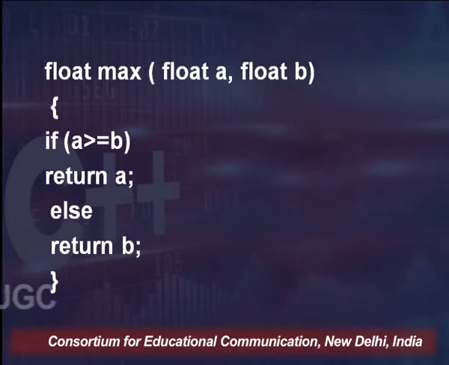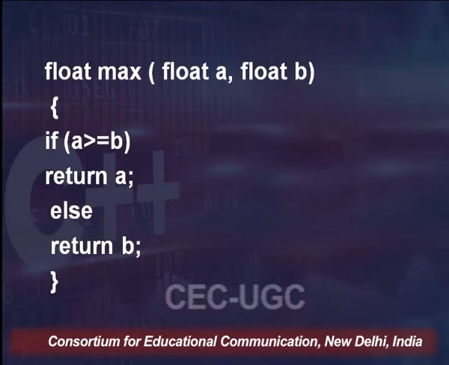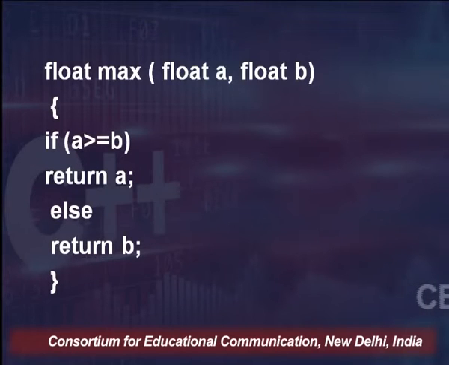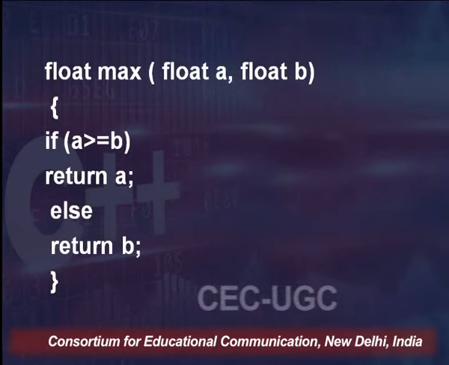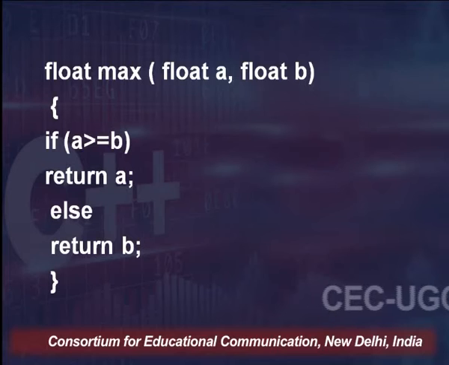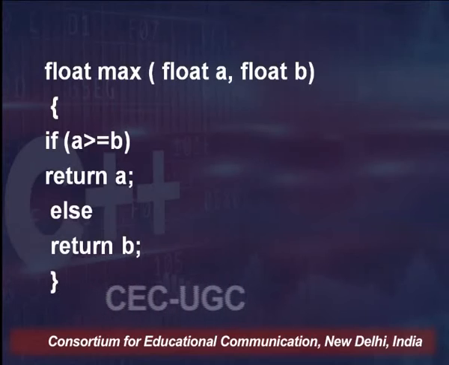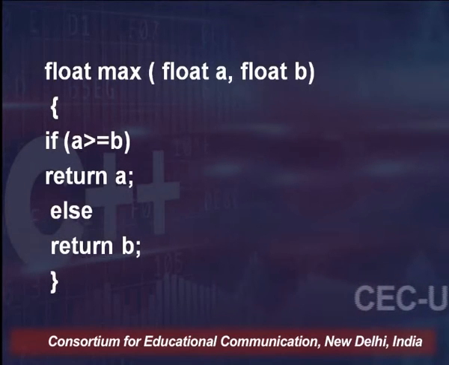Here the next parameter list has two float variables and also a float as the return value. Now depending upon the call, let us say for example I am calling integer a is equals to max integer x comma integer y. My compiler will understand that I am calling the function which is written at the first place.